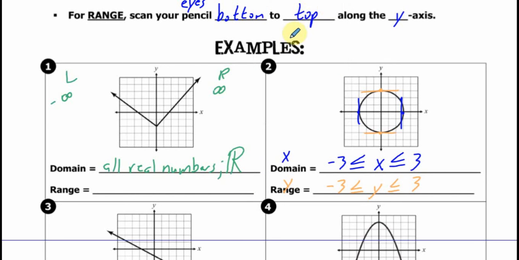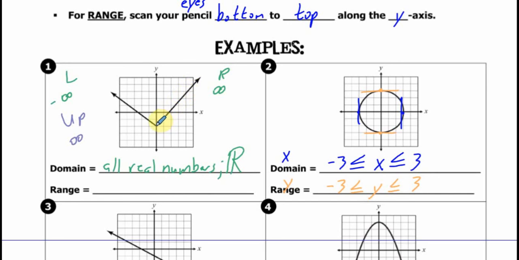Now let's take a look at the range. The range is how far up and down. Well, again, this arrow, even though it's going left, it's also going up. So how far up does it go? It goes up forever. We can come over here too. Look at this. The arrow goes up forever. But look, if I go here, that's its lowest point.